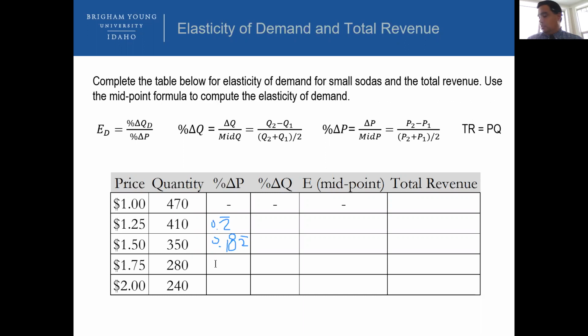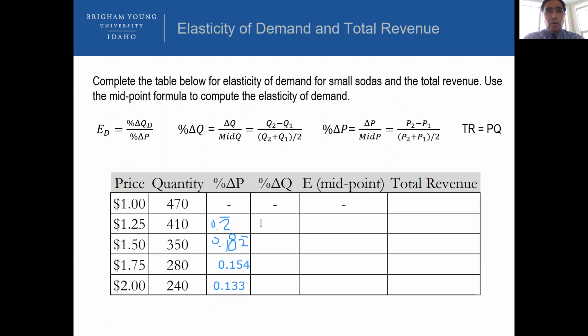You take the average of those two, and that's going to be 1.625. Divide those two out. That comes out to 0.154 or 15.4%. And then you do the same thing here, $2 minus $1.75, that's 25 cents in the numerator. And that's going to be 1.875 in the denominator. Take those two, that'll be 13%, 0.13. Anyways, a bunch of threes.